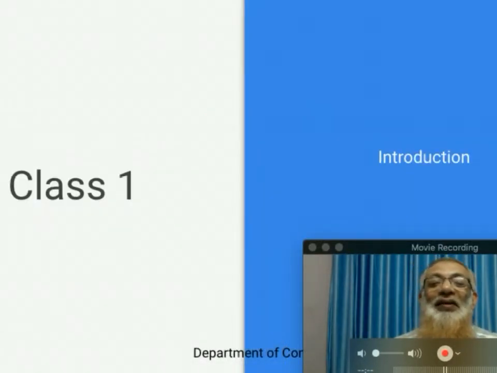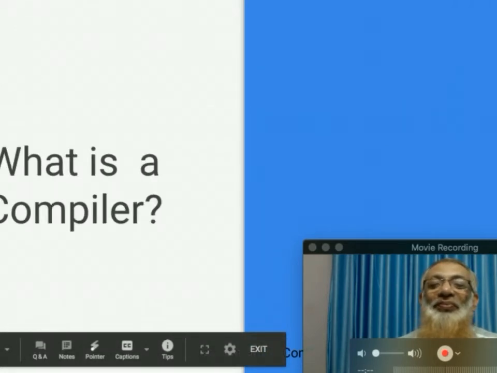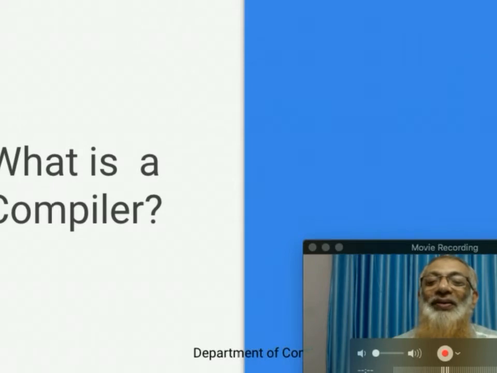Let us start with a quick introduction. Let me ask you, what is a compiler? The term compiler is not new to you. We have heard about compiler in our programming classes, in our system programming classes in UG days, and in the operating system class you might have learned about that.